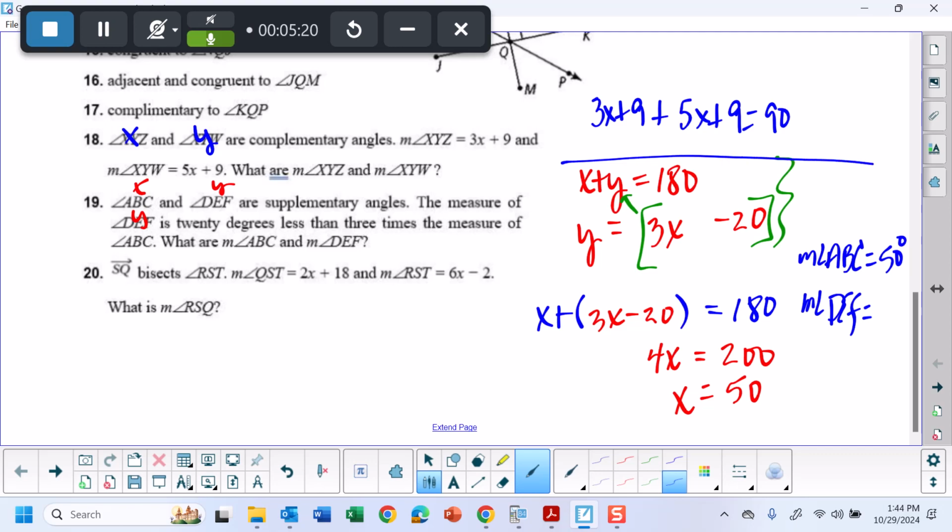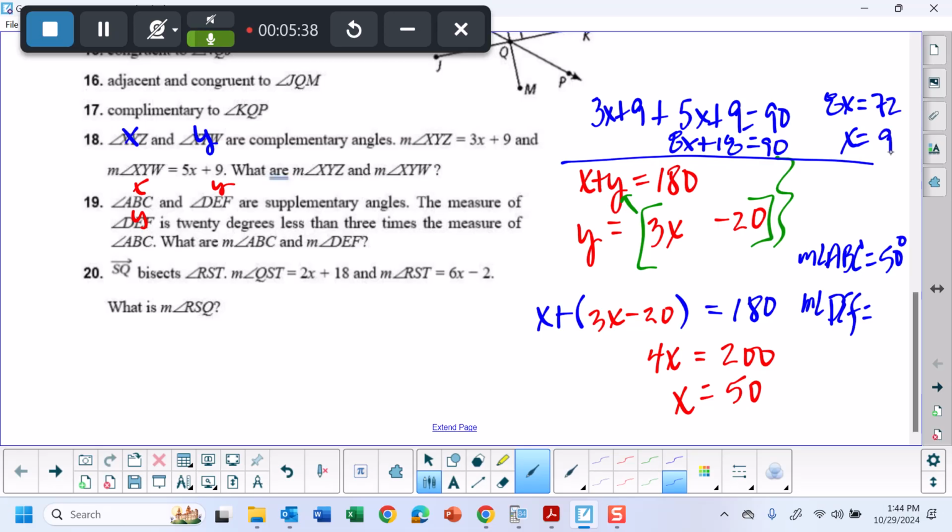So 8x plus 18 is equal to 90. 8x is going to be equal to, what's that, 72? So x is equal to 9.